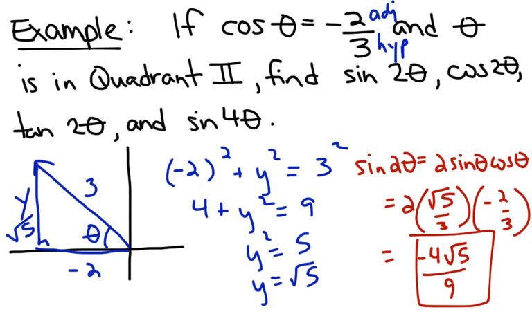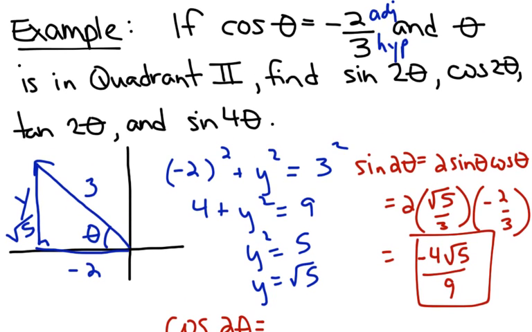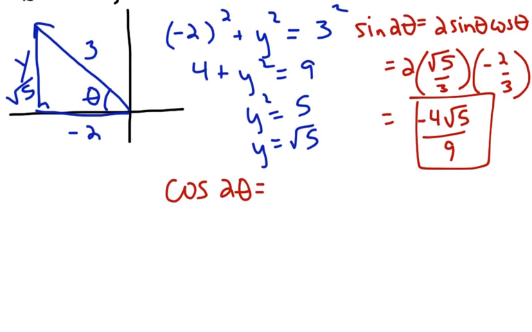Now we're going to do this again for the cosine of 2 theta. How do I know which formula to use? Well, since they gave me in the original problem that cosine was negative 2/3, and because it doesn't have a radical in it, I'm going to use 2 cosine squared theta minus 1.